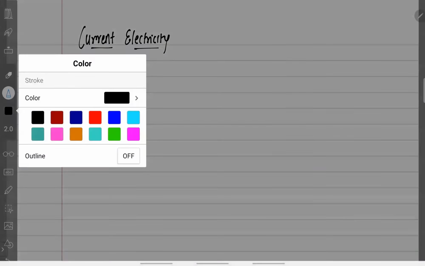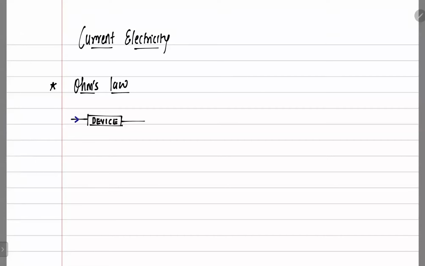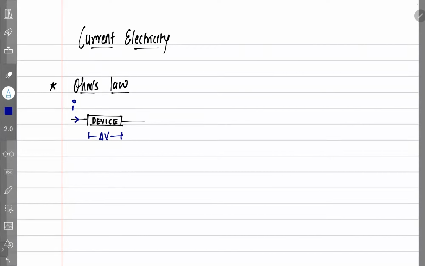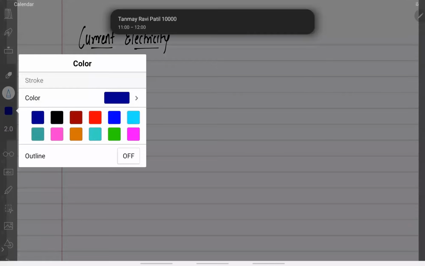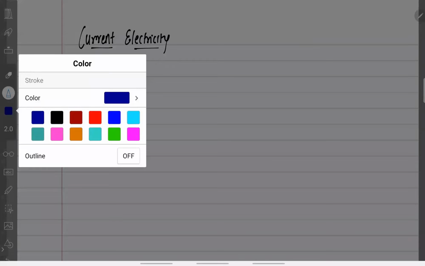There is a current passing through this device, and this device has a potential difference of delta V across it. That is the potential difference of the device, delta V. And the current through the device is I.